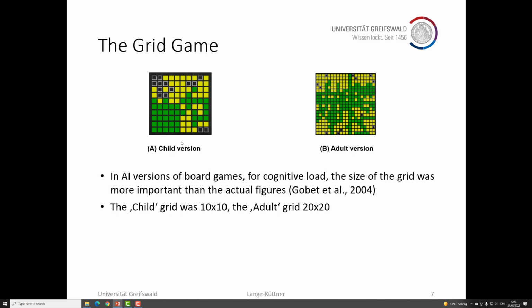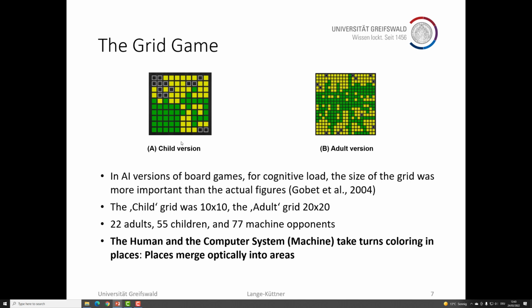So the child grid was 10 by 10 and the adult grid was 20 by 20. And each player had exactly half the places to color in. We had 22 adults, 55 children, and 77 machine opponents.